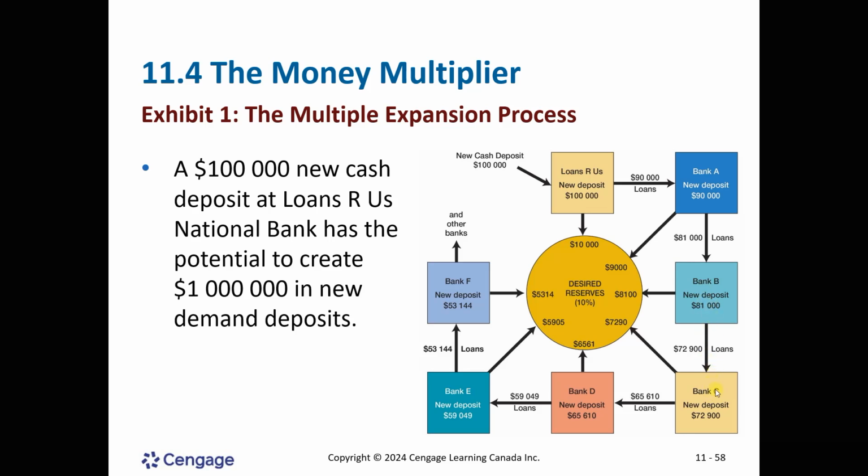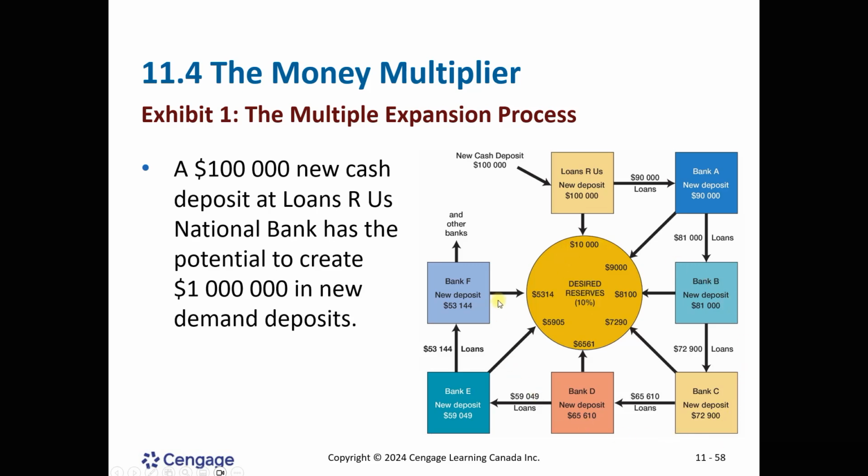The person will take it to bank C. Bank C will now keep 10% of the 72,900 as reserve, and then give out the remaining 90% as a loan. Now, someone else will take it to bank D. Bank D will keep 10% of that amount and give out the other as a loan. And the cycle continues to the point where there is nothing else to be given out as a loan.